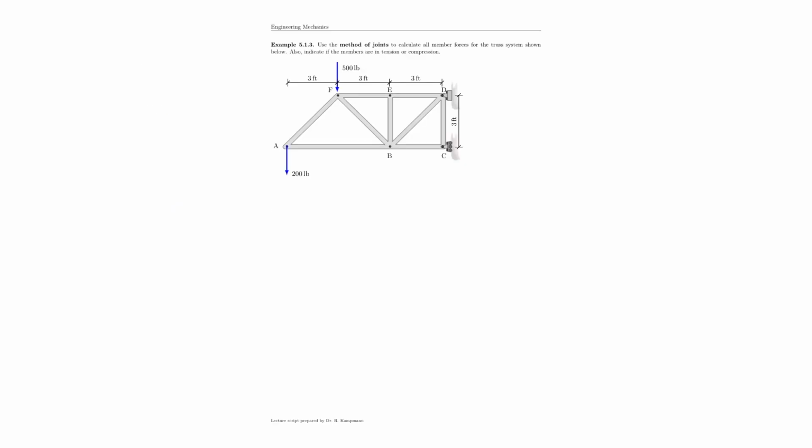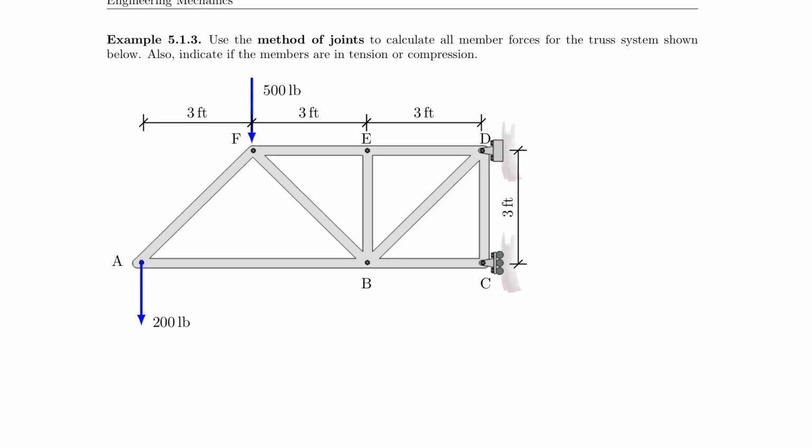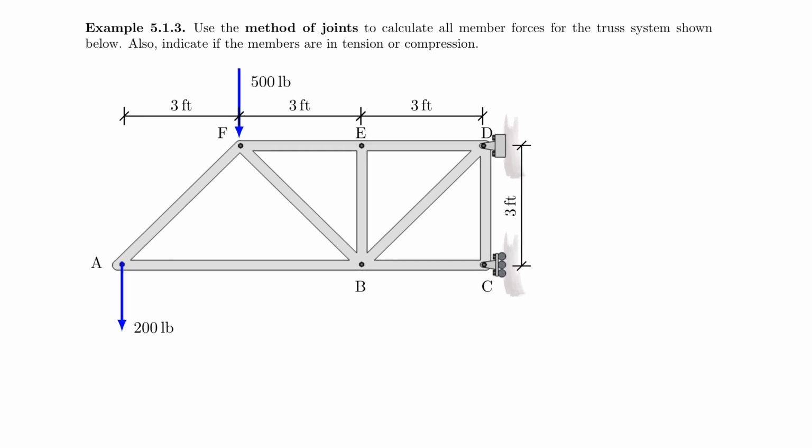But I leave this for you and your study group to practice. And I will actually go ahead and solve this problem with you or for you. So let's look at it again. As everywhere in this lecture, we're dealing with the method of joints, not the method of sections. And now we are asked to find all the member forces. And I will now show you how to do this.